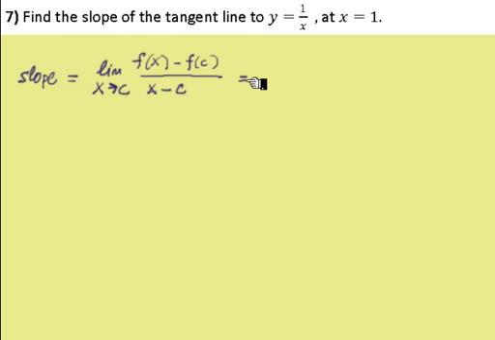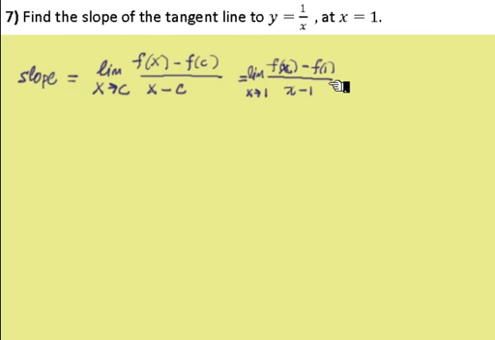Remember x is equal to 1, and our function f of x is 1 over x. So, continuing to write the limit, x goes to c, or x goes to 1, of f of x minus f of c, that would be f of 1, over x minus 1.